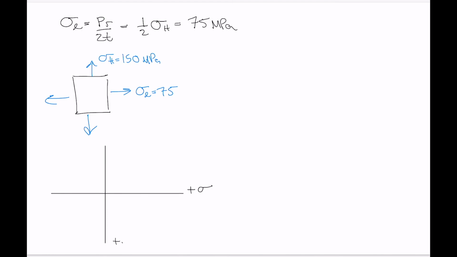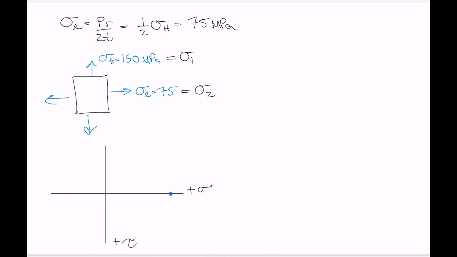Plus sigma, plus tau. There's no shear stress acting here, so you know that these two stresses are the principal stresses, right? This equals your first principal stress, sigma 1, and this equals your second principal stress, sigma 2.